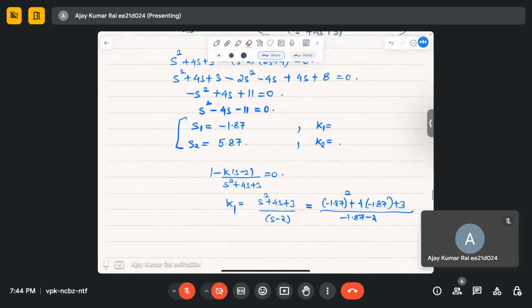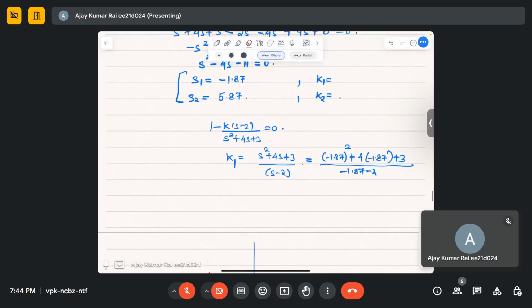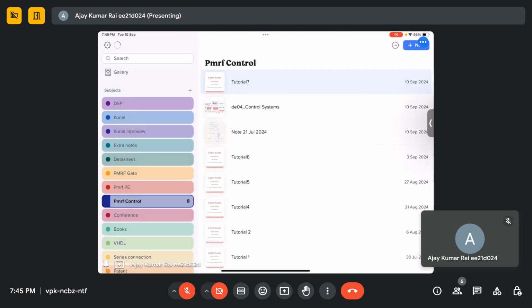So let's first calculate the value of K1 and K2. More clarity you'll get. I think I've calculated K1 and K2, I'll just use those values.